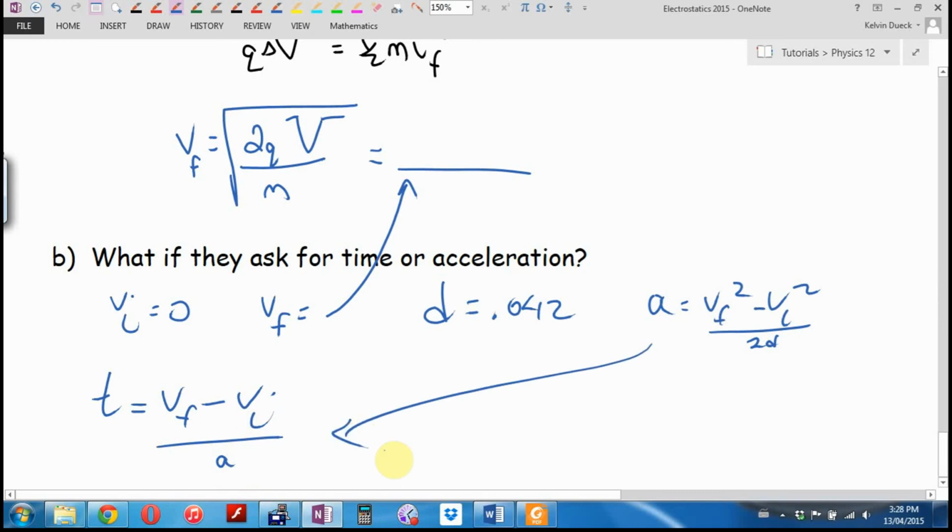Could I find force? Sure. Now that you know a, you could go F equals ma, or F equals qE, which is q voltage over distance. You should get the same answer for both. Is that all right?